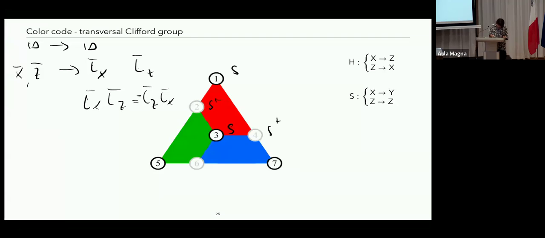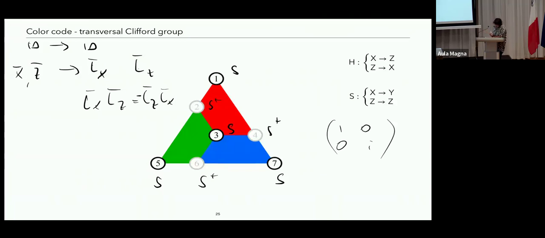And what you can see is that in this way, we actually implement the S gate. S and S dagger are necessary because the S gate has a phase and we want it to cancel out. So the S gate is this gate here.